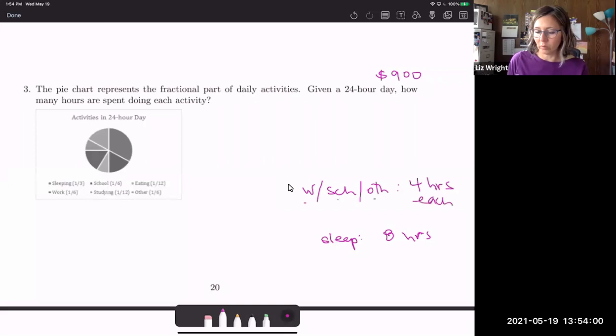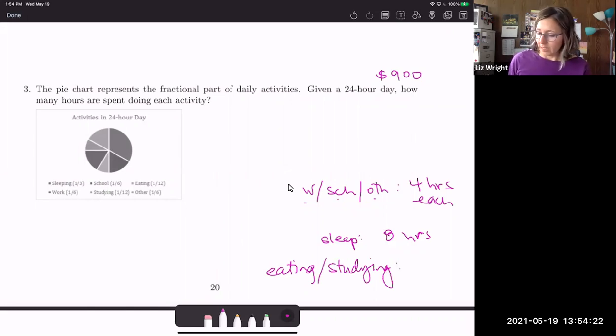So 4, 4, and 4 of your 24-hour day. And then eating and studying, I'm sorry, but you're spending the same amount of time that you eat as that you're also studying. That doesn't seem right. That either tells me we're spending too much of our day eating or we're not spending enough time studying. But we'll see.